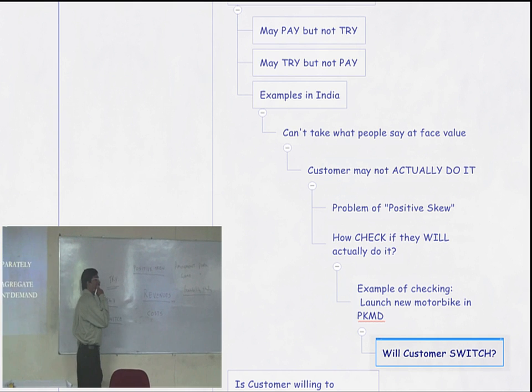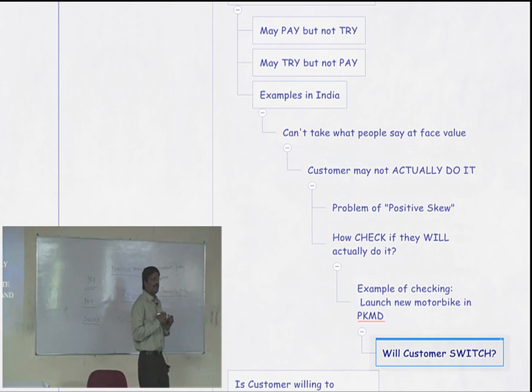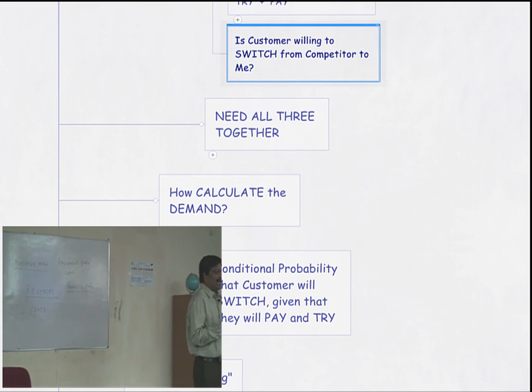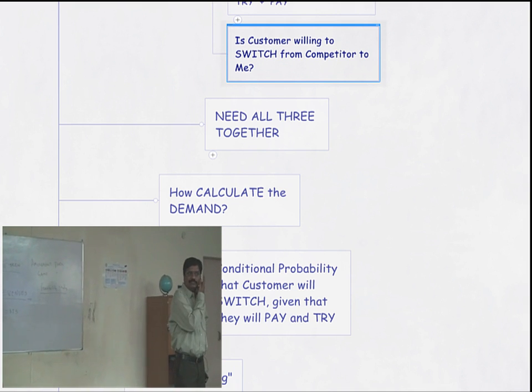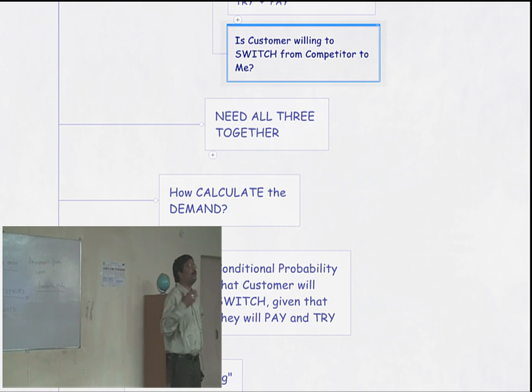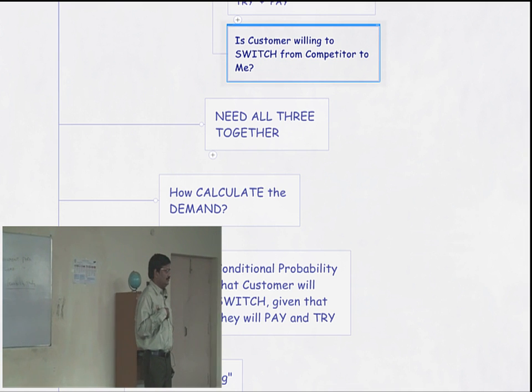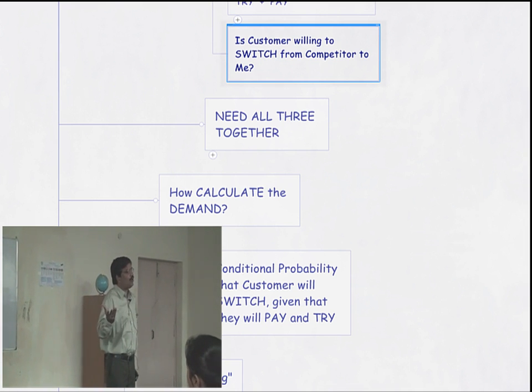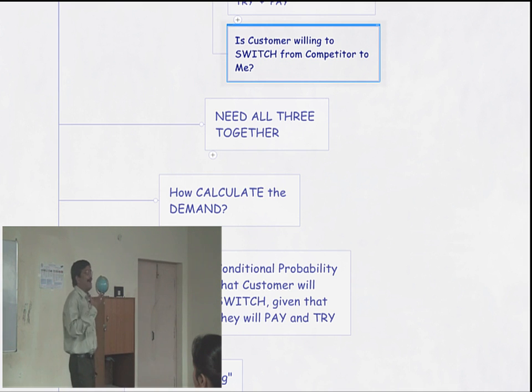That is, I'm looking at whether the customer is willing to try. If he is willing to try, is he willing to pay? He is willing to try and pay, but is he willing to switch from my competitor to me? Only when he is willing to switch from my competitor to me can I consider him as willing to buy.